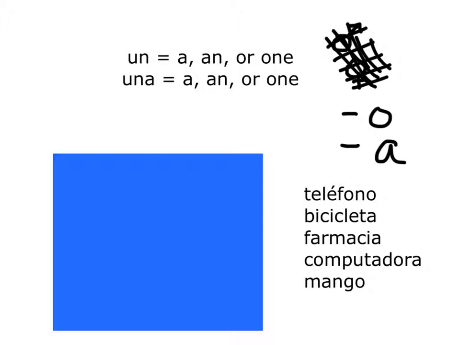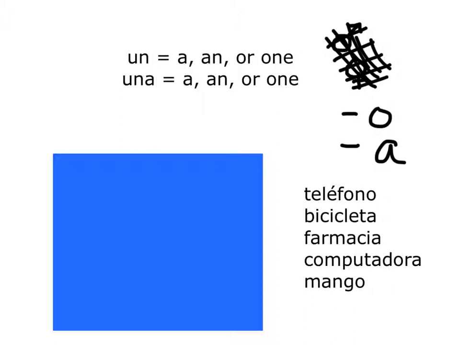Let's try some practice. I have some pictures underneath the blue box, and they are things from this list. Teléfono, bicicleta, farmacia, computadora, and mango.